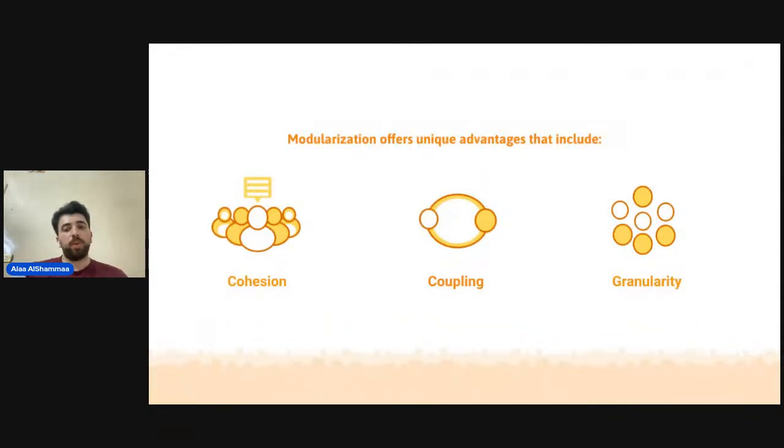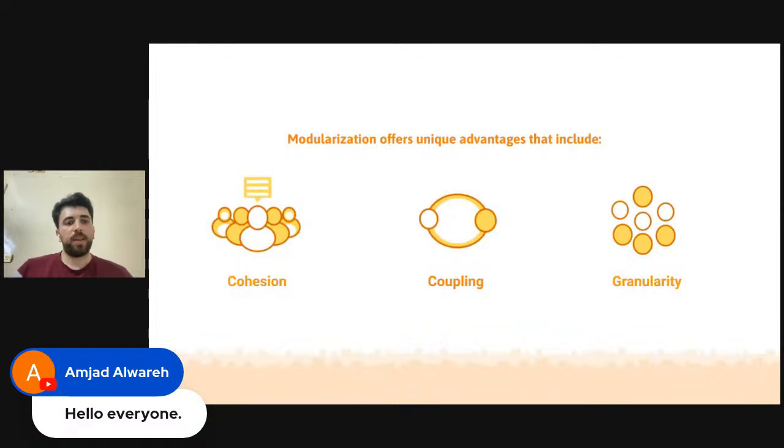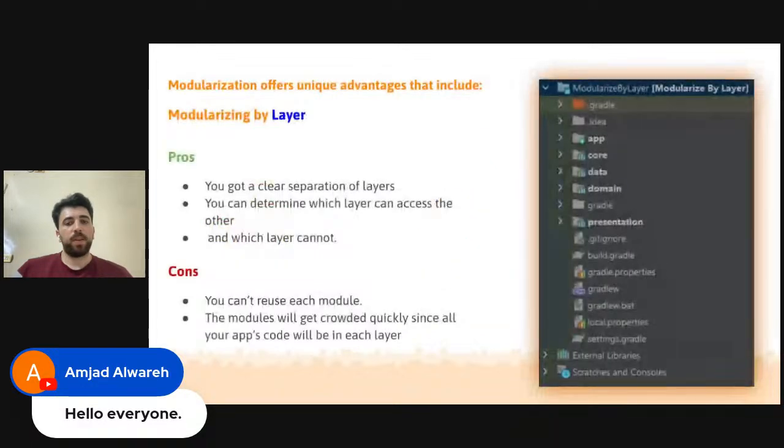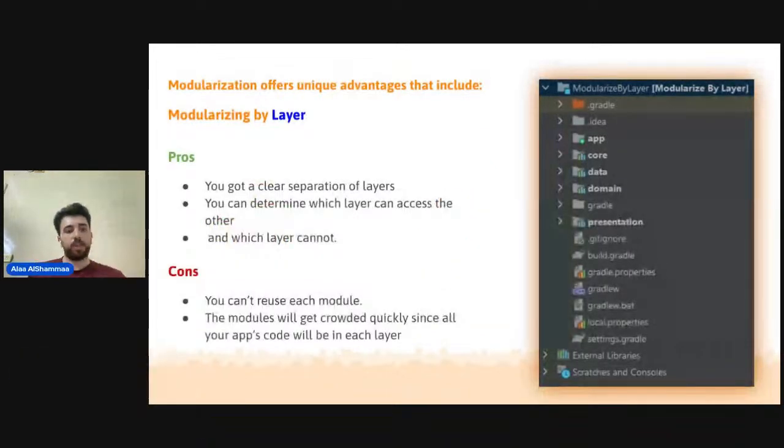To discuss these three properties in detail, let's look at the first and most basic modularization method, which is modularization by layer. Here you can split the app into three main layers: a data layer, a domain layer, and a presentation layer.